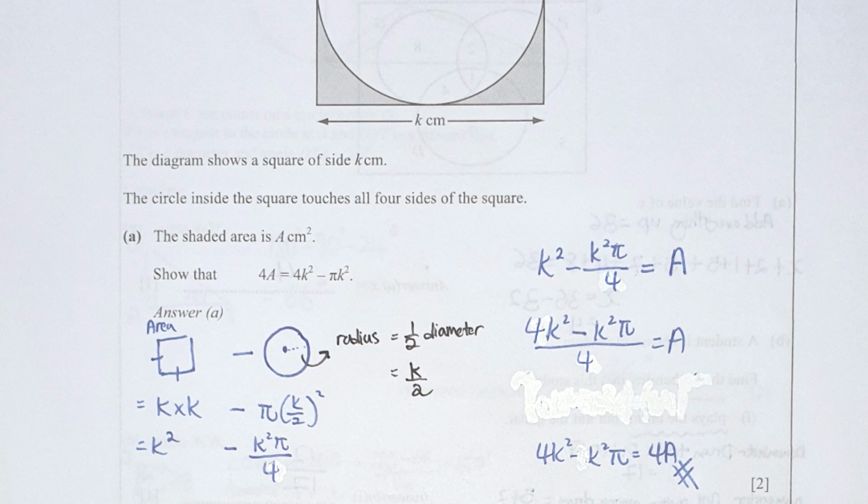The radius here is actually half k, so you can see me writing down k over 2 as the radius. The difference here will be equal to a. After changing the denominators to the same and shifting things around, you will get 4k squared minus pi k squared equals 4a.